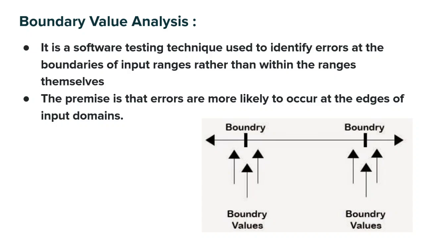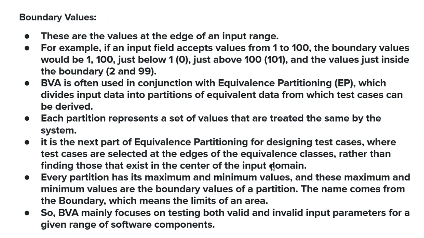In boundary value analysis, we test the boundary values because errors are more likely to occur at the edges of that input range domain. So we have to test the values which are at the boundaries, the values at the edge of the input range.